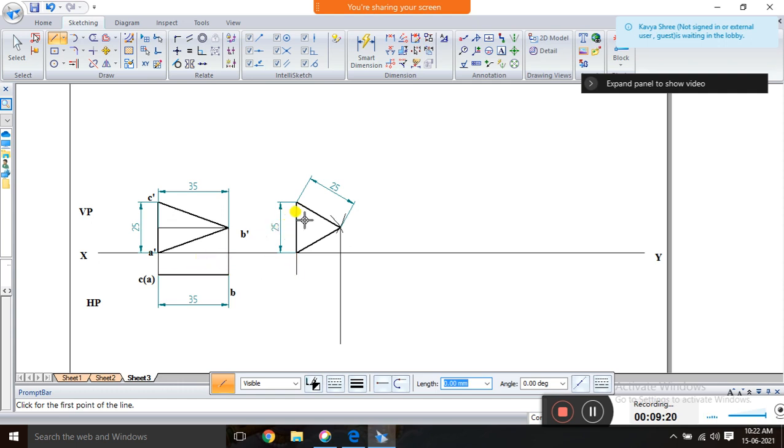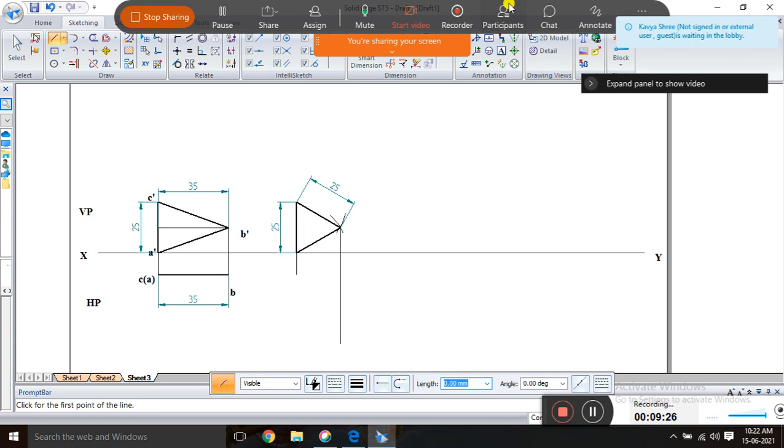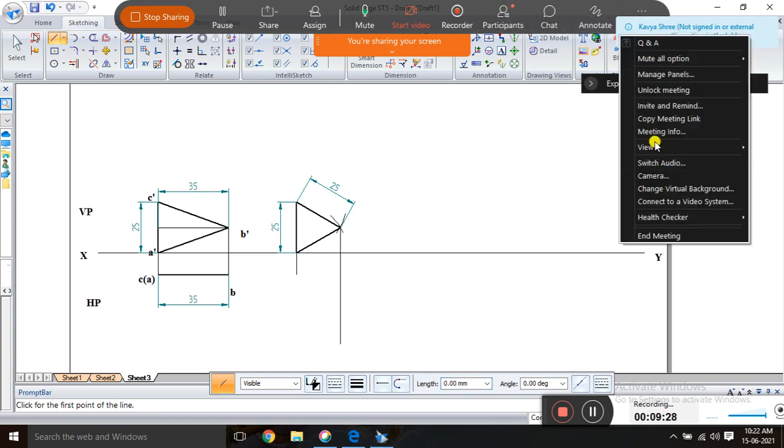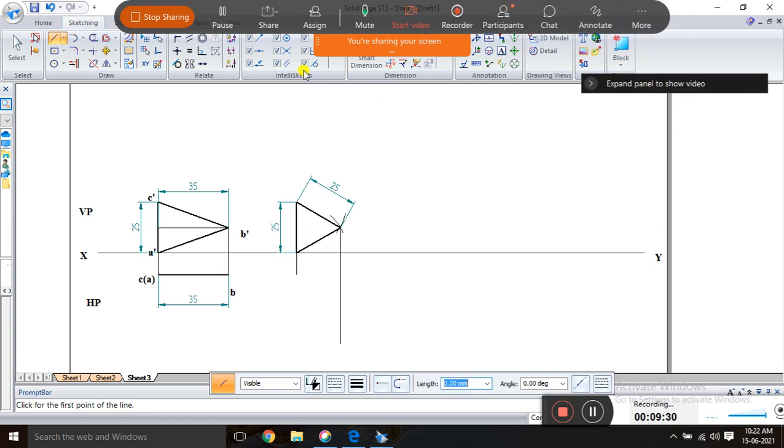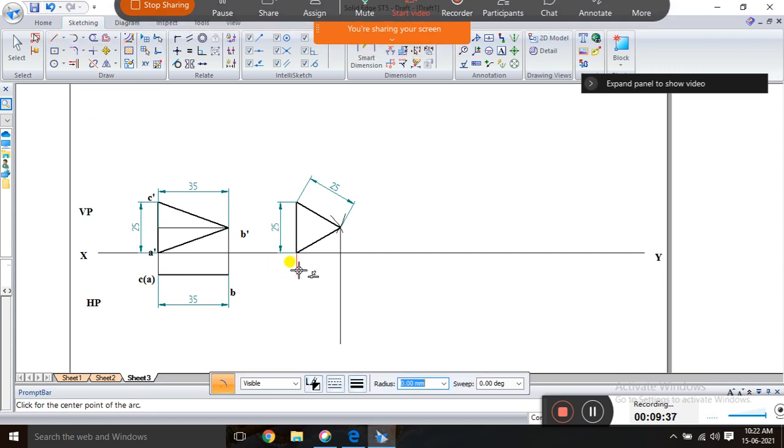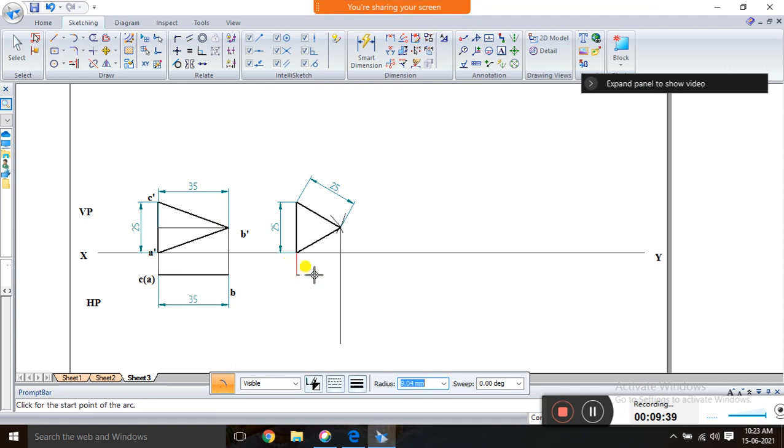But here in this problem it is reverse. So this view is given and we have to construct this one. Okay, so from this, clear, take your compass, and from here take 35, then cut the arc. So this line, this is what the top view intersection.